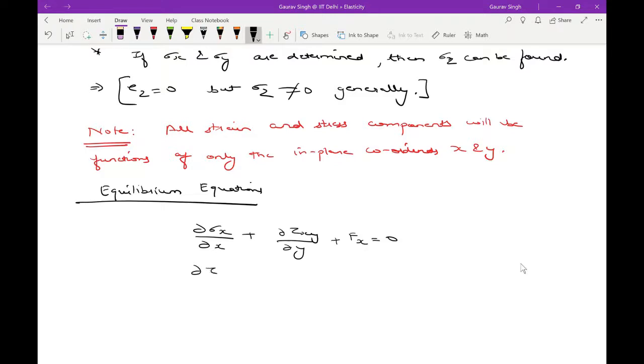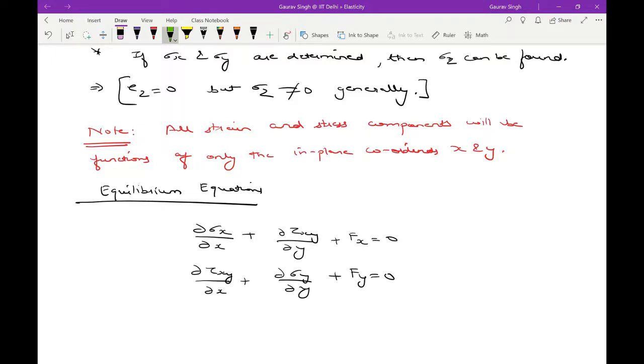Dou tau xy by dou x plus dou sigma y by dou y plus fy. So the body forces are not 0, they were only 0 along the lateral surfaces. That's something which you should make a note over here. Now let's see how this could have been done. There are only 3 equilibrium equations. Let's write one of them and see if we can derive one. The other 2 you should be able to derive.